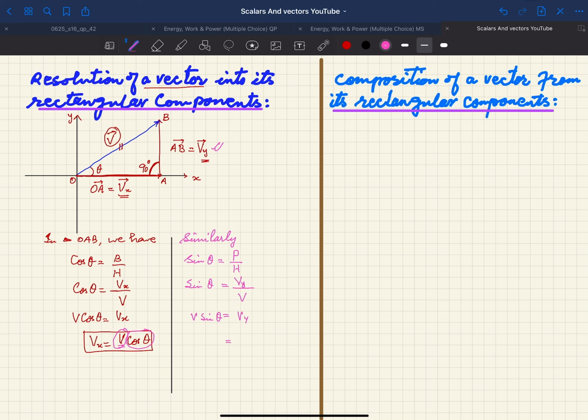As we have just written V cos theta for Vx, on the other hand, now we have Vy equal to V sine theta. That is, when you multiply the sine of theta by the magnitude of the given vector, you get the y component. These are very important equations, and you have to remember them if you want to find the values of Vx and Vy.